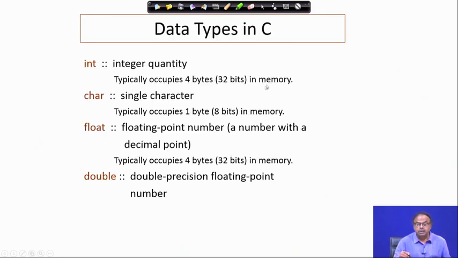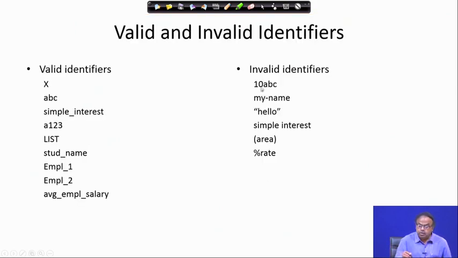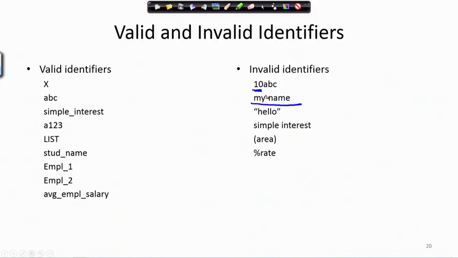Invalid identifiers are these, and why? Because I can't start with a blank, I cannot start with a numeral. So, this is wrong. This is wrong because there is a special character that has been put in here. I could have written my underscore name, but hyphen is not allowed.